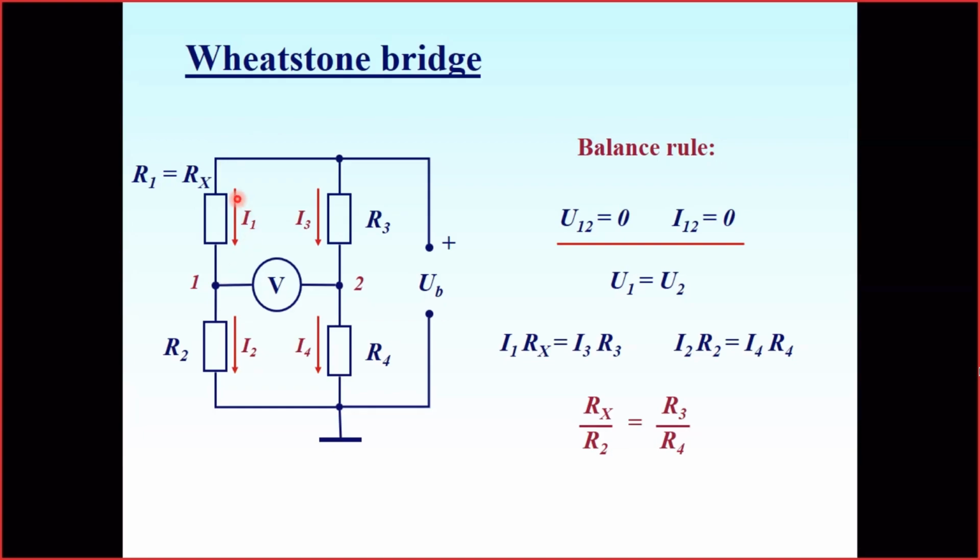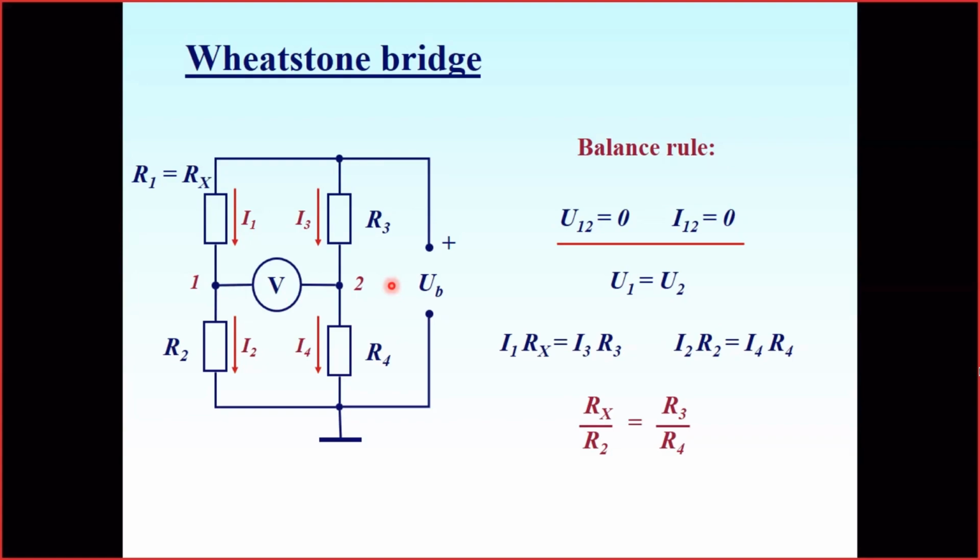If we imagine that the current through resistor R1 (Rx) is I1 and through R3 is I3, then we may express these voltages over this resistor and this resistor as I1 Rx and I3 R3, and they should be equal. They couldn't be different. So these two voltages should be equal, and the difference will be 0.